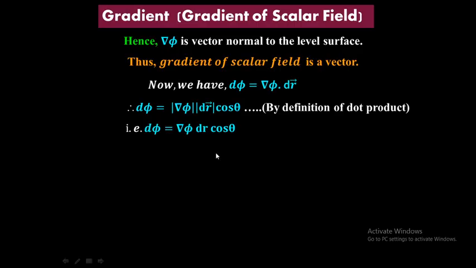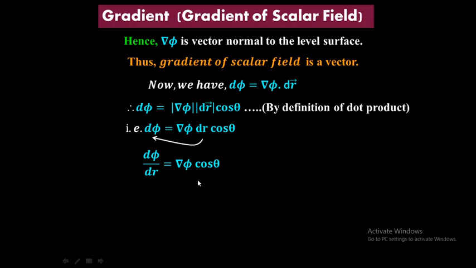So in this step, this is the magnitude del phi into dr cos theta. We shift dr to that side, so it becomes d phi by dr equal to del phi cos theta.